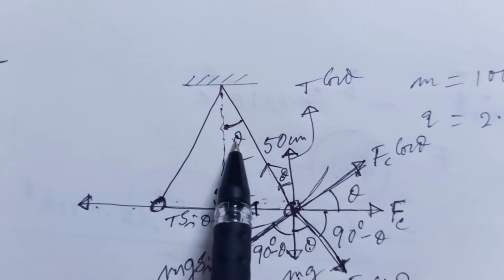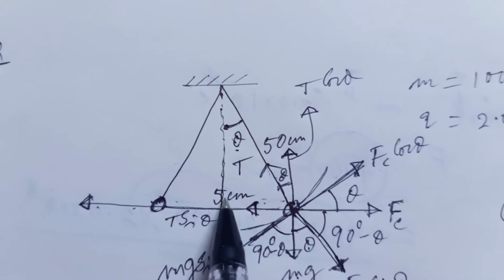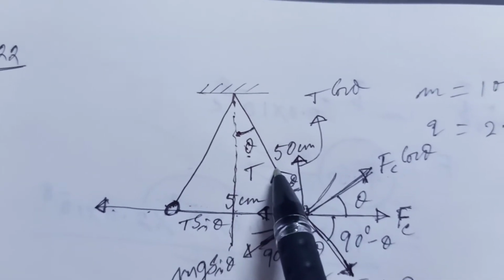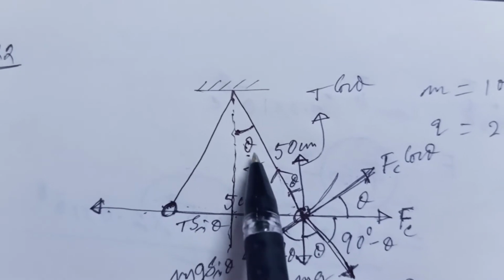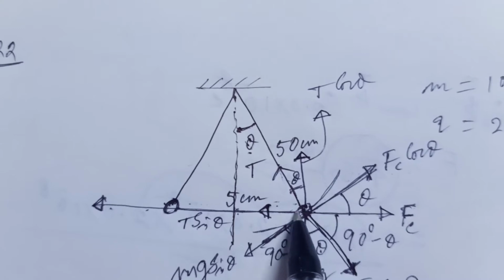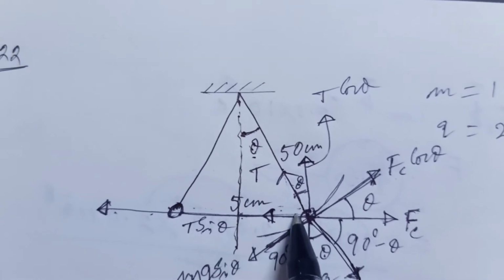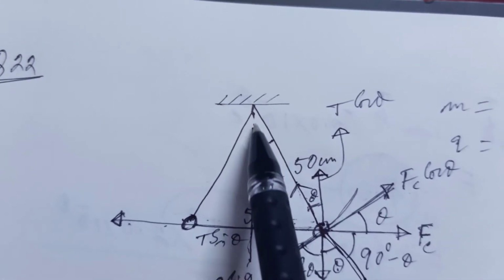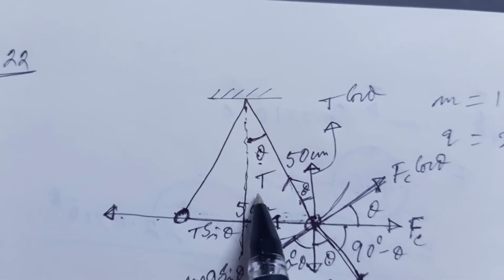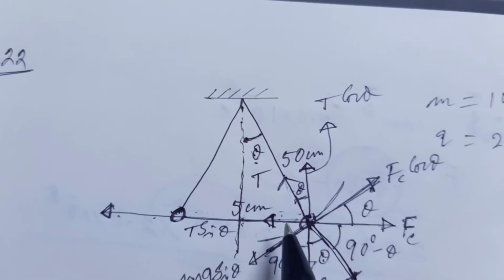Along this direction, if this is theta, then cos theta equal to base by hypotenuse. This side is 2.5 centimeter, so cos theta equal to base by hypotenuse.